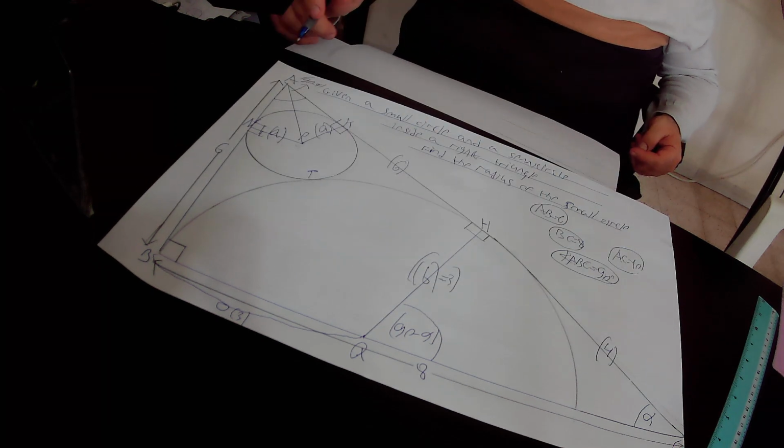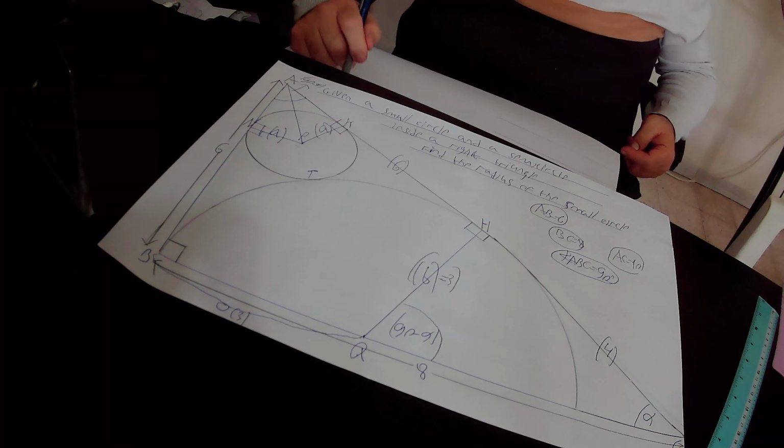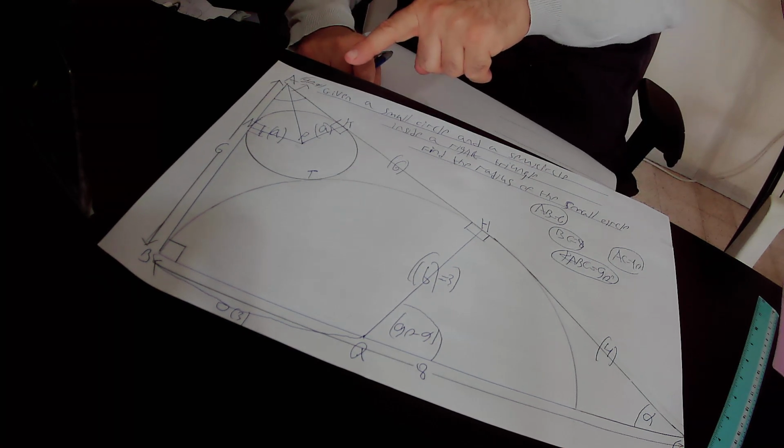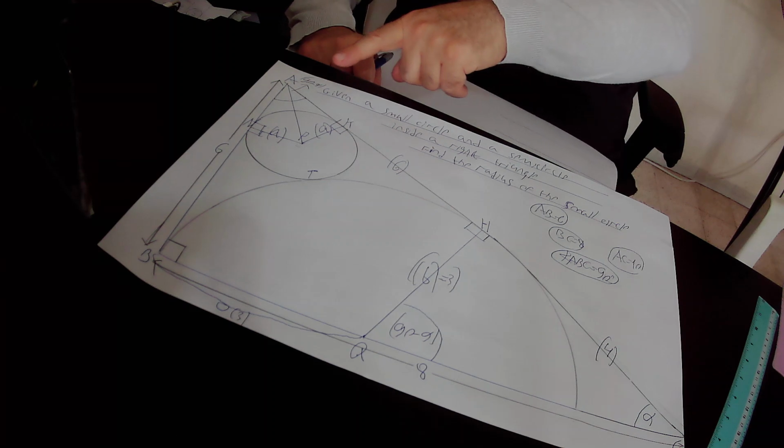We continue to focus on this common external point, point A. From this point A, we have two tangents to this semicircle, tangent AB and tangent AH.